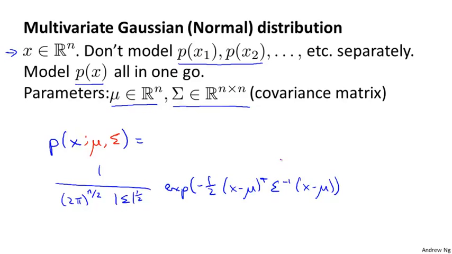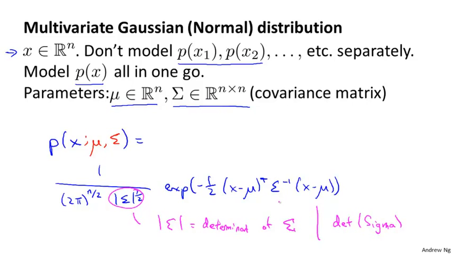And this thing here, the absolute value of sigma, when I write this symbol, this is called the determinant of sigma. This is a mathematical function of a matrix, and you really don't need to know what the determinant of a matrix is, but all you need to know is that you can compute it in Octave by using the Octave command det of sigma.